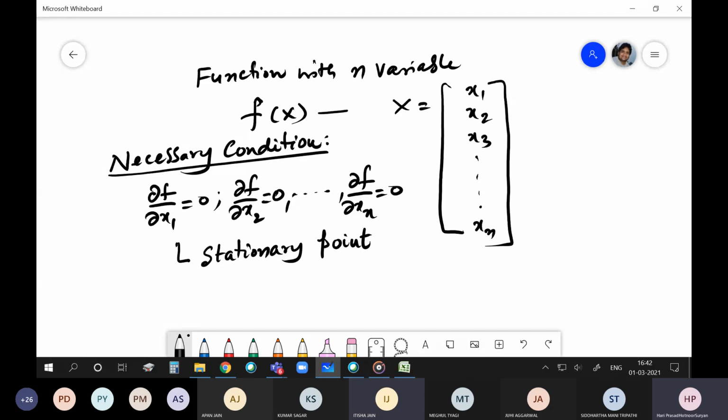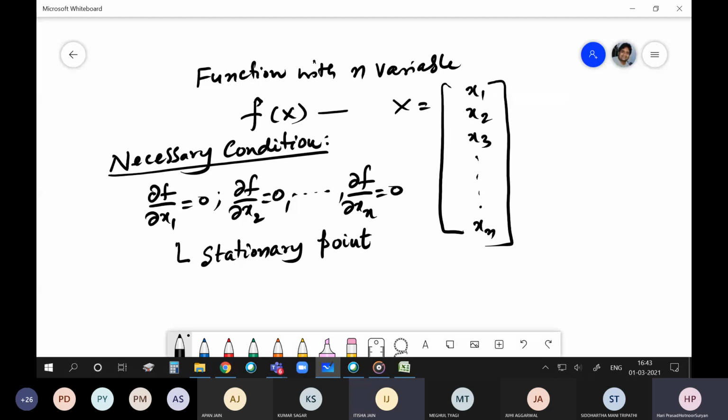For it to be a local minimum or maximum, the second derivative should be positive or negative. Okay. So how many second derivatives will be there in this case? First of all, is it a vector or a scalar or a matrix? The second derivative. In case of one variable, it is a scalar, the first derivative and the second derivative.